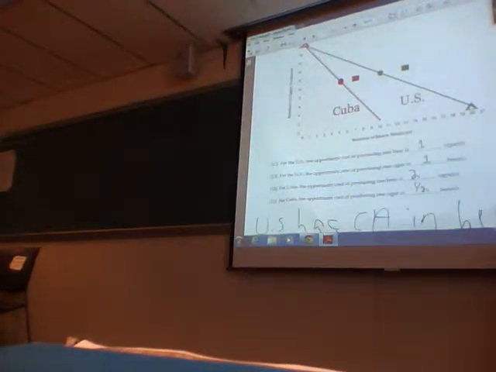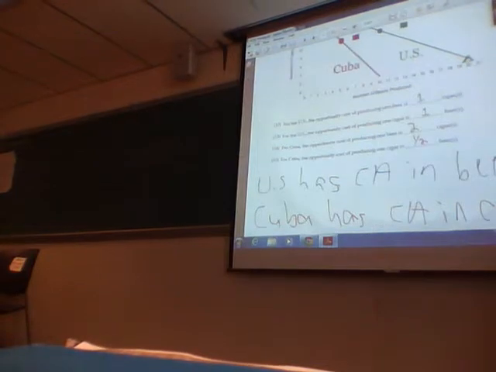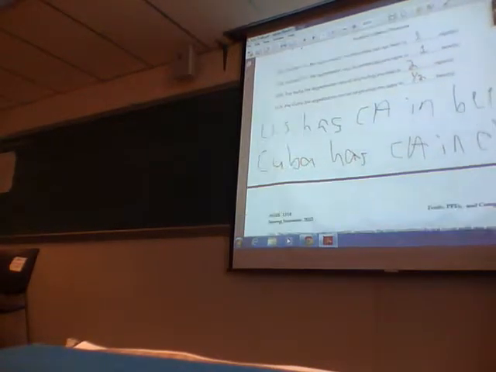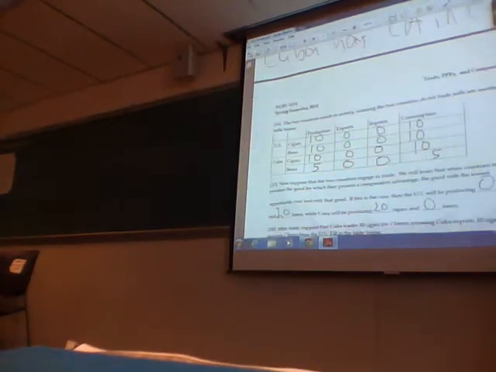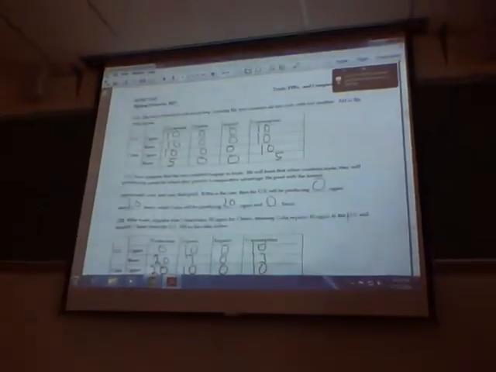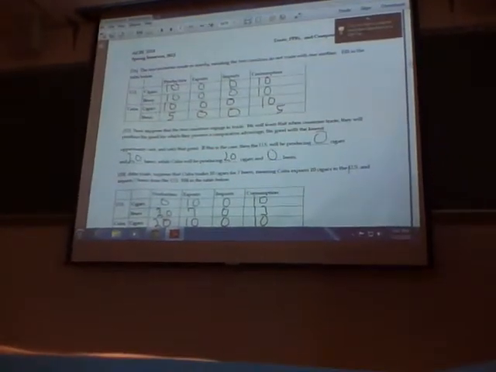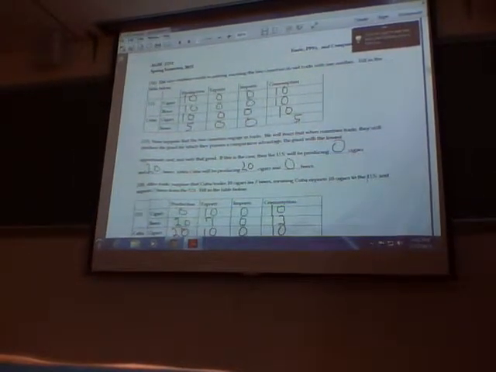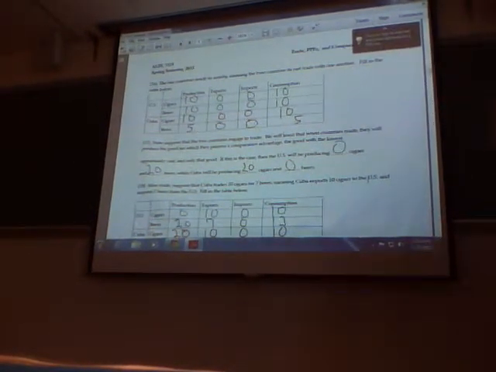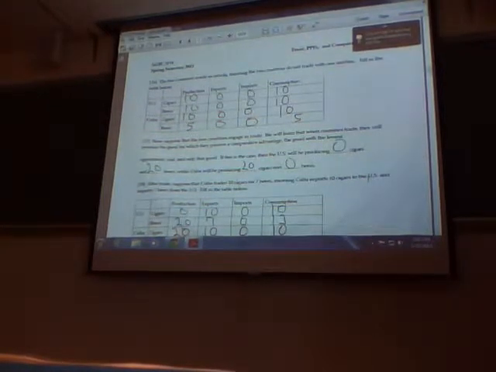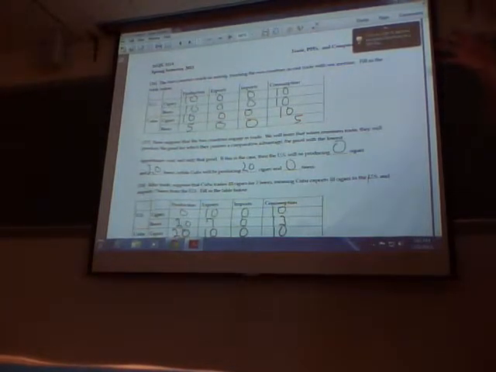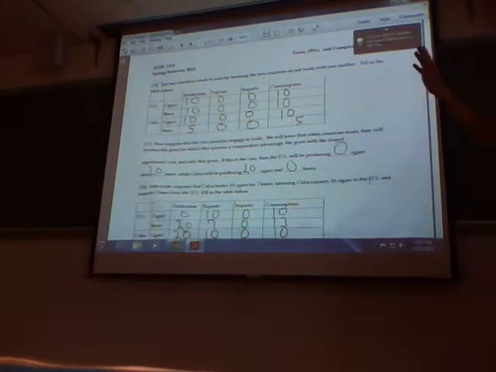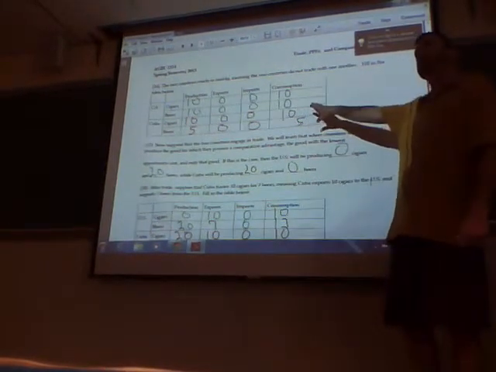I'm going to come back to this writing right here. I want to skip down to here. This whole exercise is about going from autarky, where we don't trade, to trade, where you do trade. And if you didn't pay attention to the announcements in class, you wouldn't have known what to put in this table.